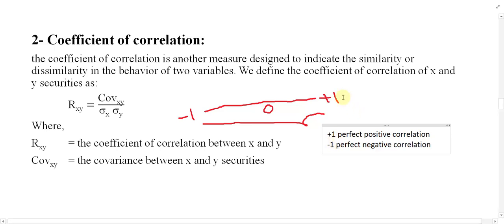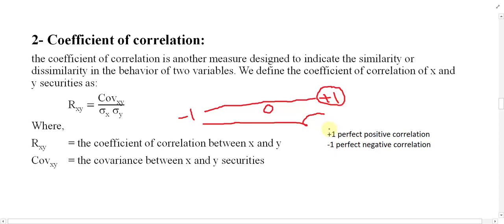If the result is +1, not only positive, it is called perfect positive correlation. Perfect positive correlation means the two securities which you have combined are 100% the same in behavior, right?